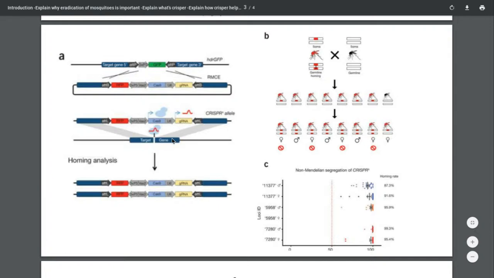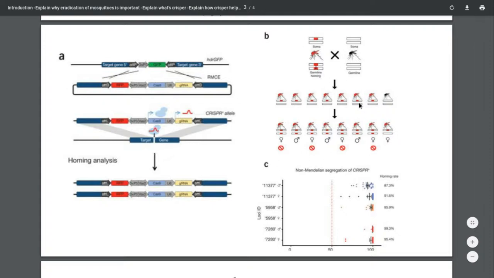B also showed that it was able to take the one copy, the Cas9 one copy, and replicate it in other genes and make it homozygous in two copies. So it wasn't heterozygous anymore, it was homozygous, and that's what Cas9 does. It replicates in target genes and goes throughout the body. Using the Cas9, it was able to take a gene with one copy and replicate it into more genes.